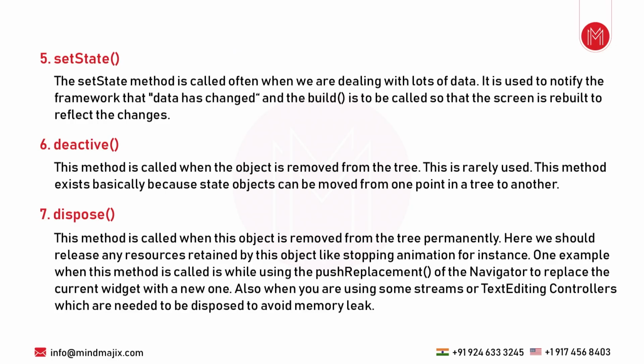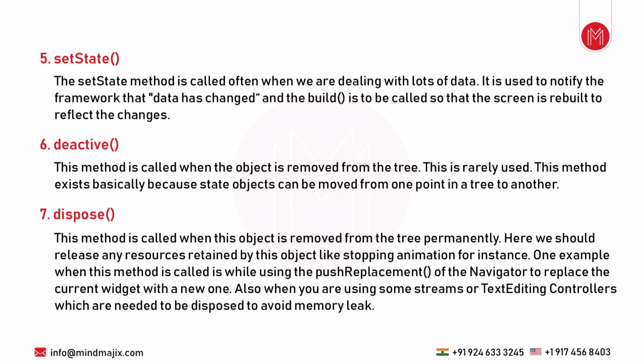And the final and the last one is dispose. This is very important. This method is called when this stateful widget is removed from the tree permanently. Here we should release any resources retained by the object, like stopping animations or whatever. One example is when this method is called while using pushReplacement of the navigator. In the next session we will be talking about navigation, that is going from one page to another page.